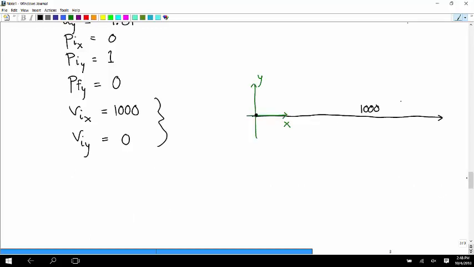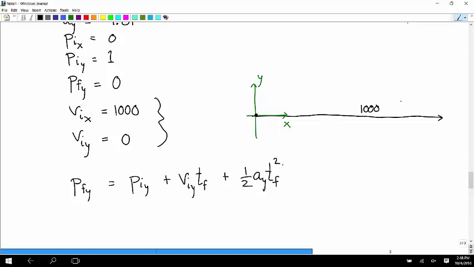Okay, so now we have to go through all 6 of those constant acceleration equations and look for one that's going to work. And I'll save you some time. The one that'll work is PFY is equal to PIY plus VIY TF plus 1/2 AY TF squared.